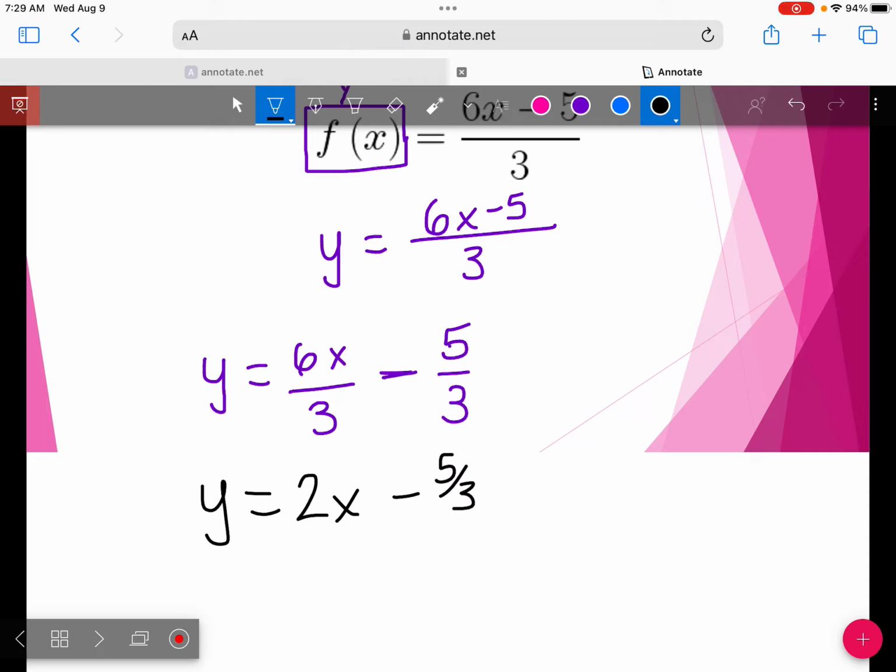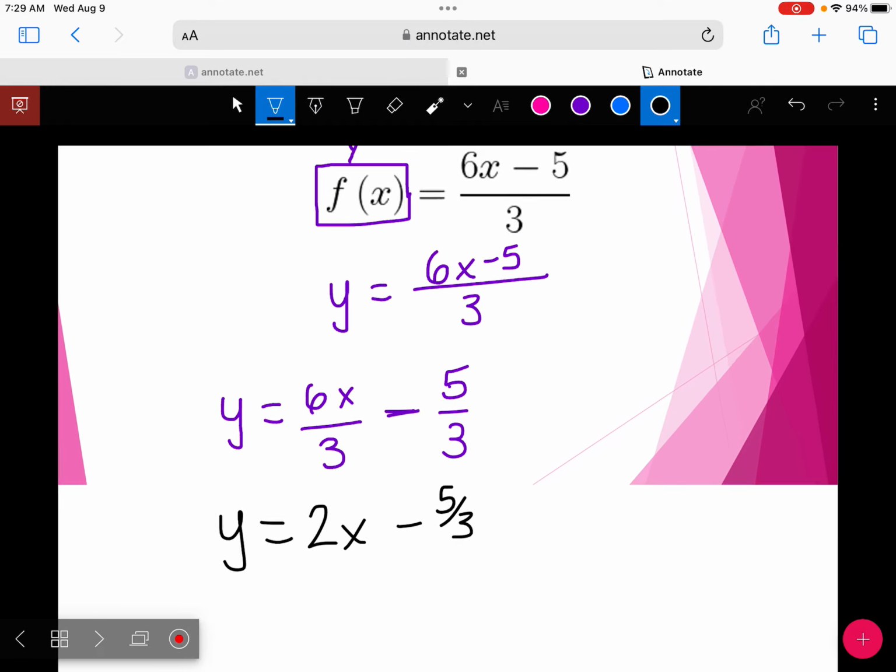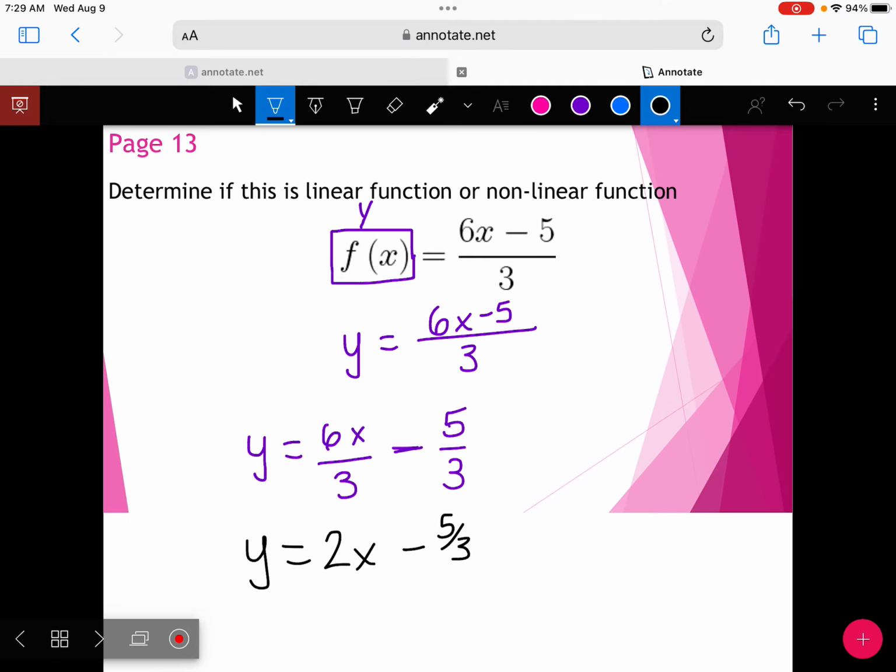So then our big question is, is that slope-intercept form, or is it something else? We're looking for either y equals mx plus b or ax plus by equals c.